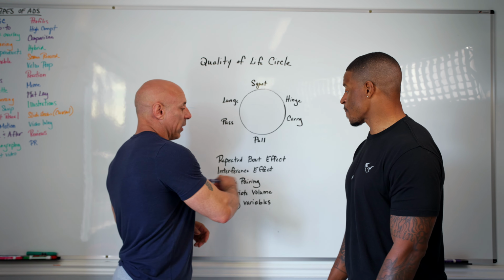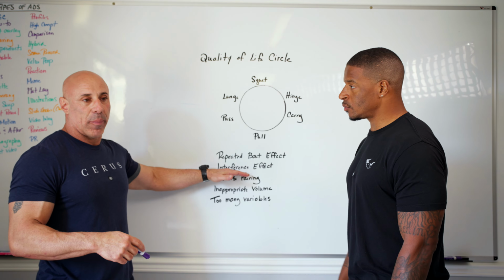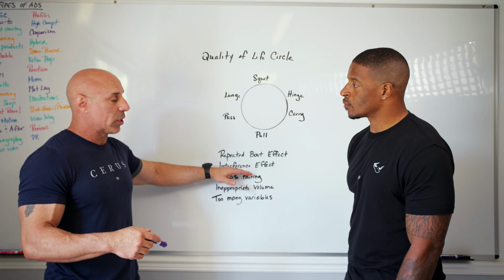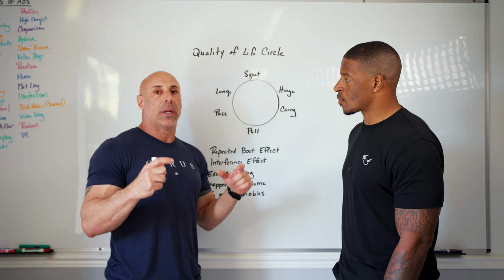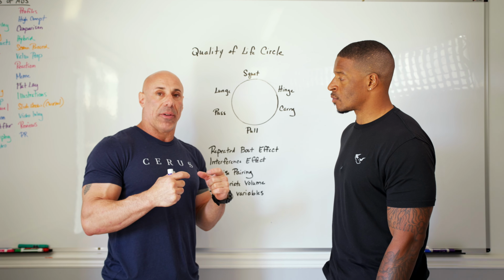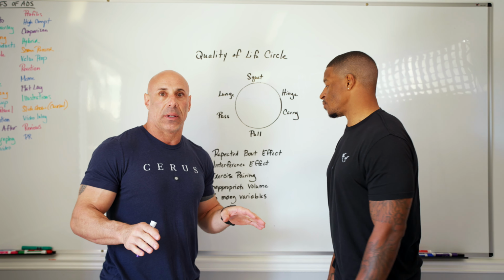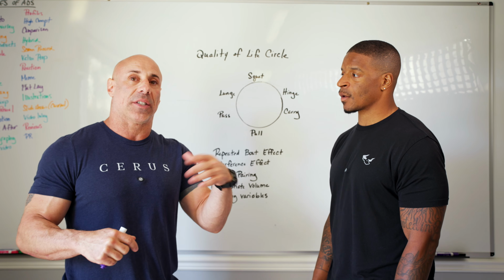Yeah, so the interference effect, this is a big one. This is the principle that everybody doesn't pay attention to, and certain programs are worse than others, obviously. In the interference effect, what happens is you're putting two different types of adaptation together too close, too intensely, and you disrupt the adaptation. So you end up getting little bits of each one instead of separating it.